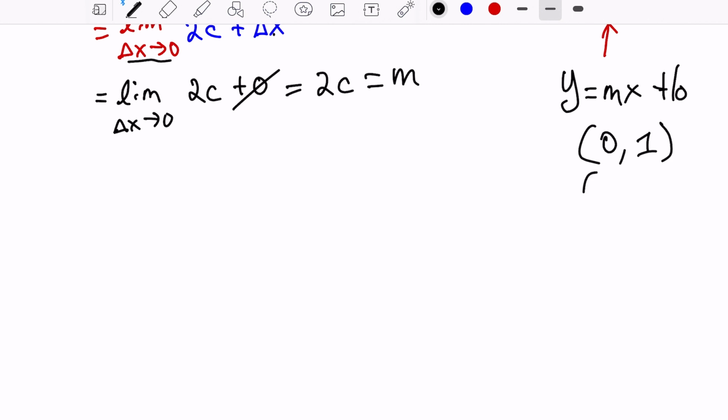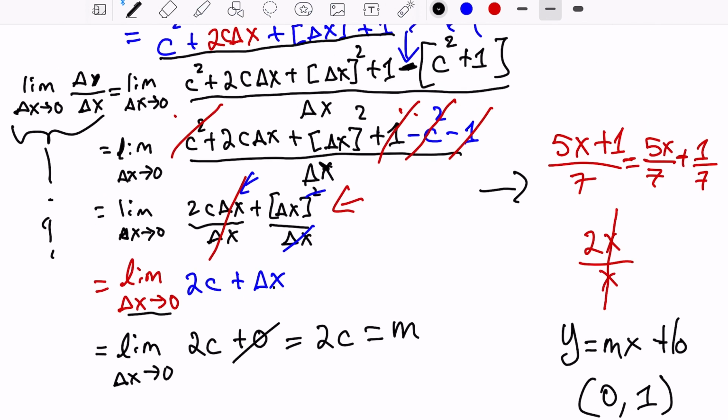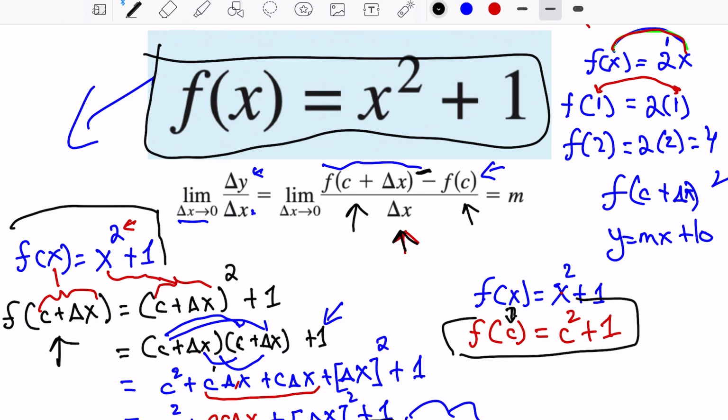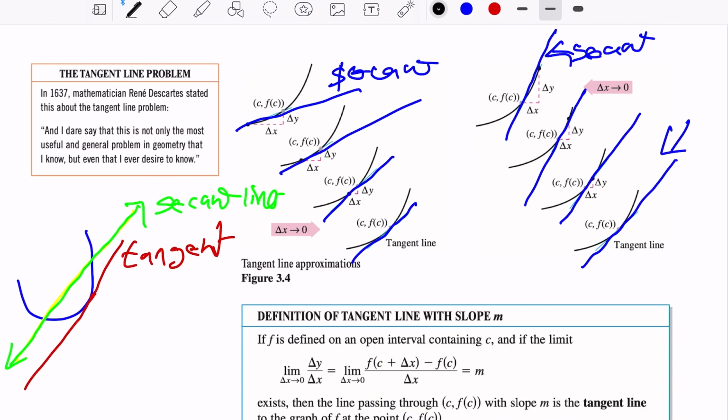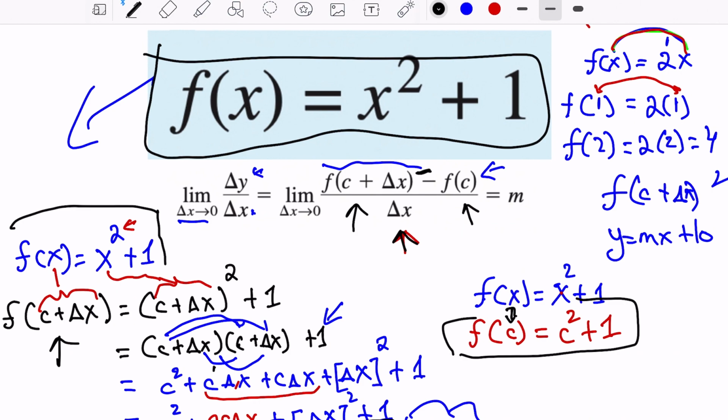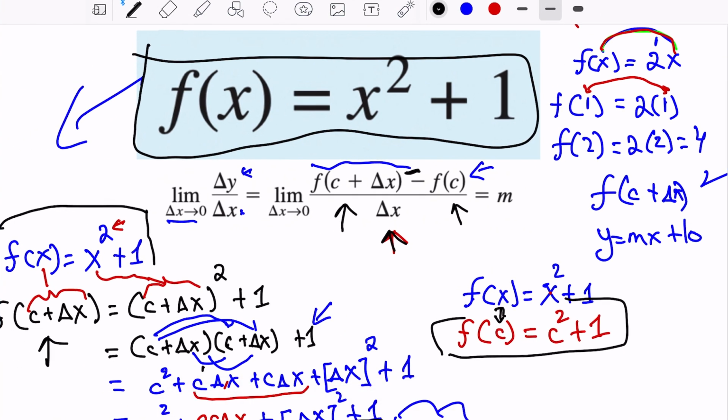So this is x, this is y. Once again, my m and my letter c, based on the definition here, it's in terms of x's. As you can see here, my c represents the value of x.